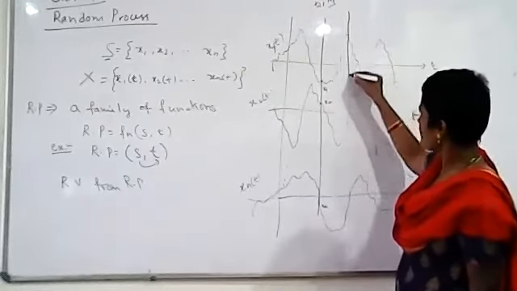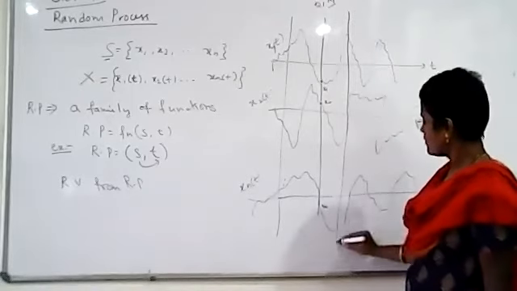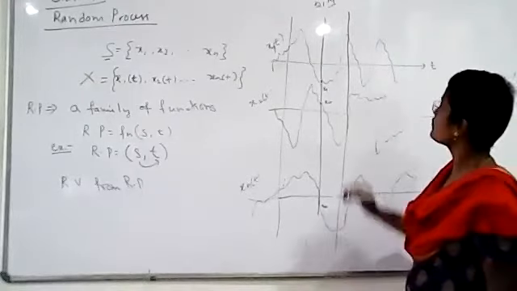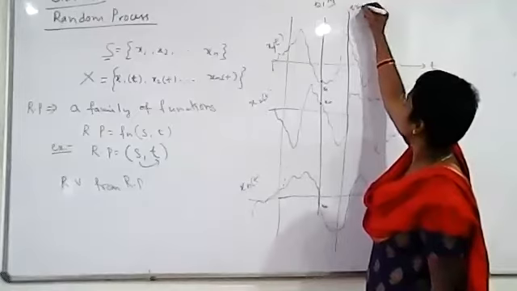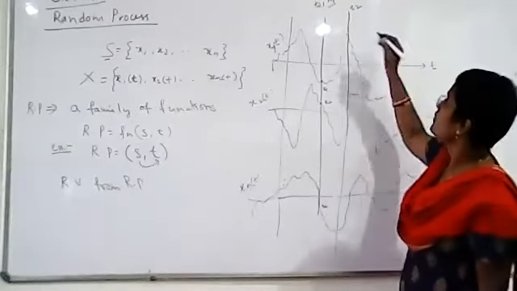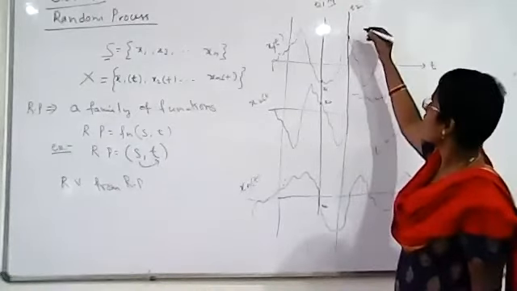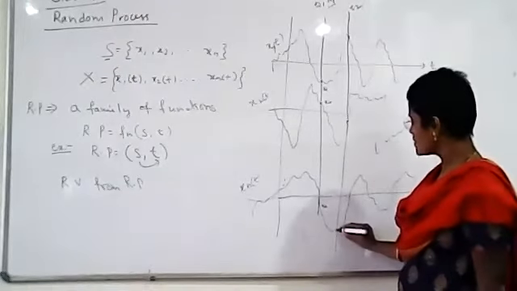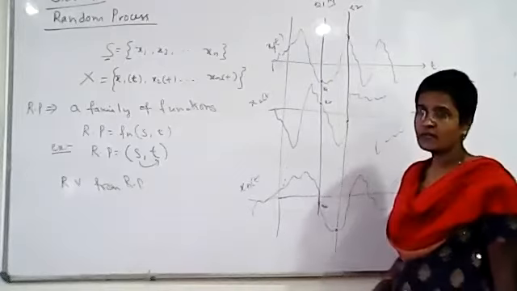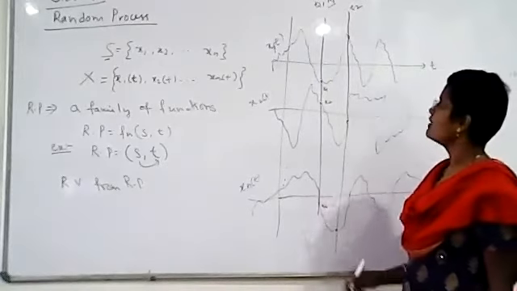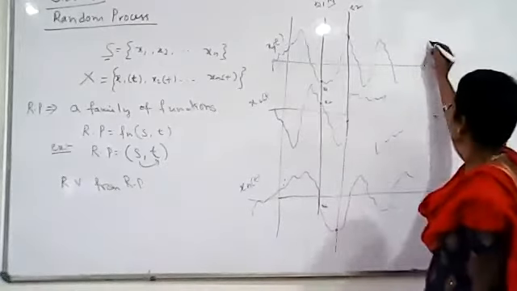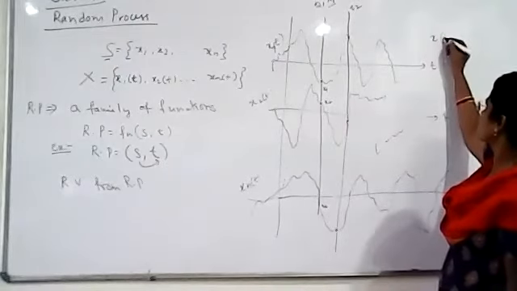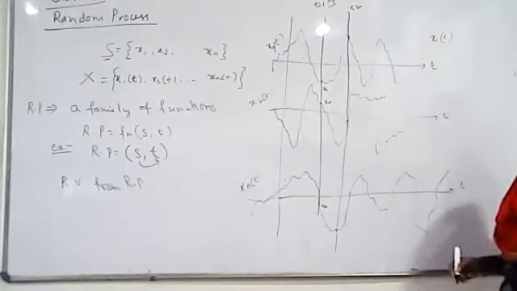Similarly, to find the value at t2, we fix the time t equal to t2, and measure the signal values. If you group all the signal values, we will get the second random variable. Now observe that x1 of t, the first outcome, is varying with respect to time.